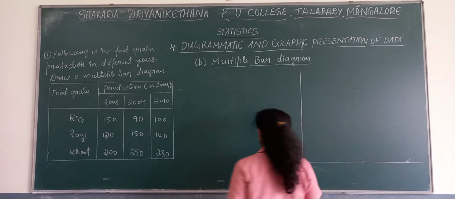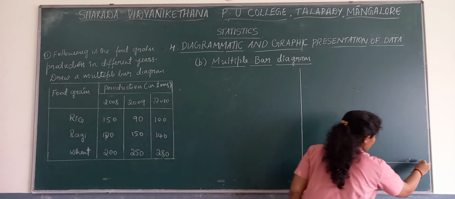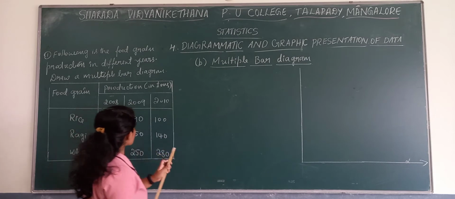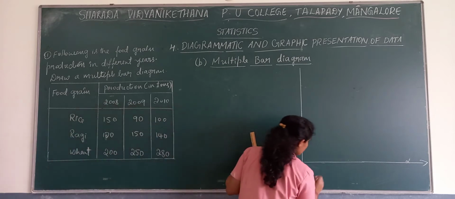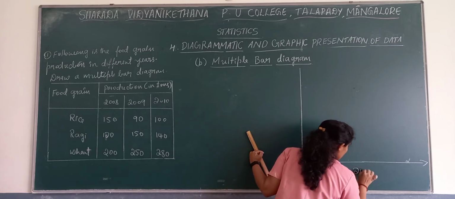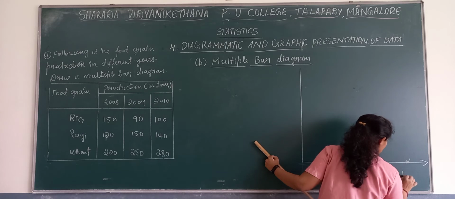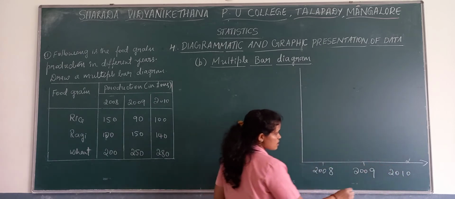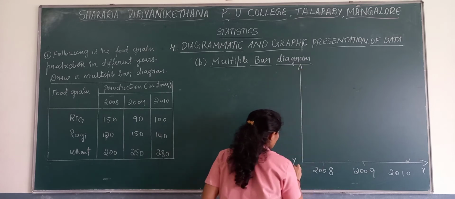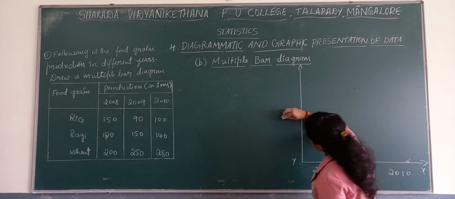Along the x-axis we will show the different years, that is 2008, 2009 and 2010. That is the x-axis. And in case of y-axis we will show the food grains.